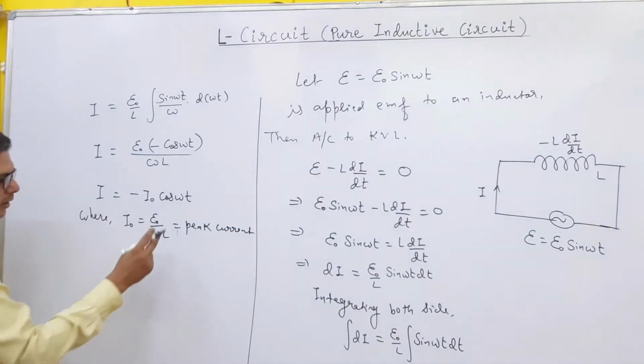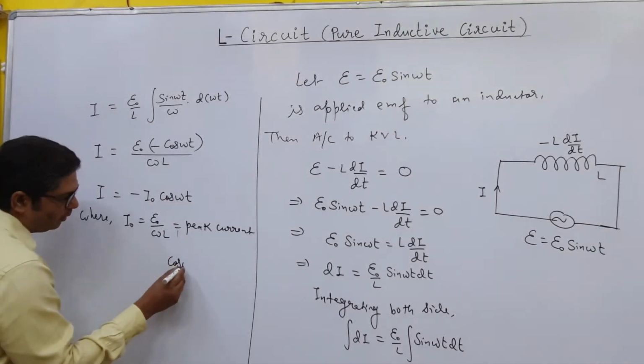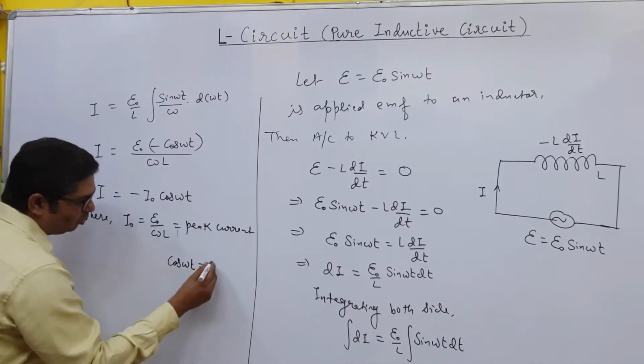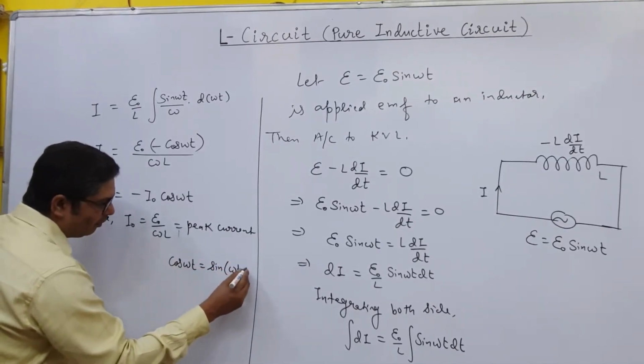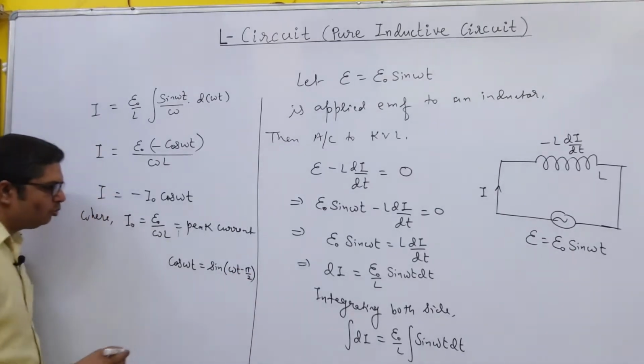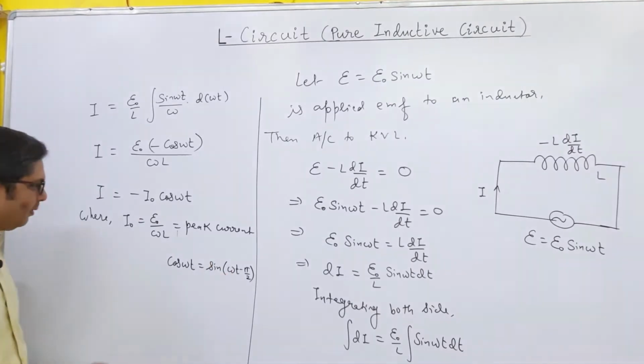Now we know that cos omega t is equal to sin of omega t minus pi by 2. So in place of cos omega t, we will put sin of omega t minus pi by 2.